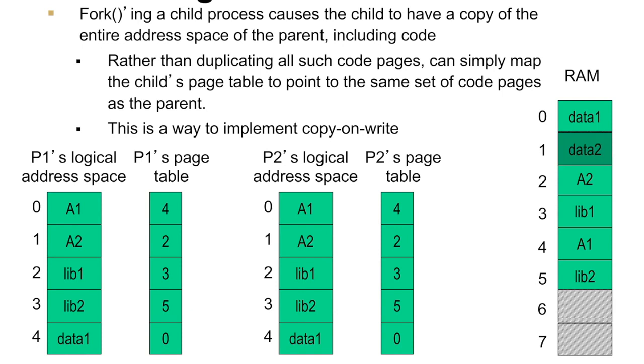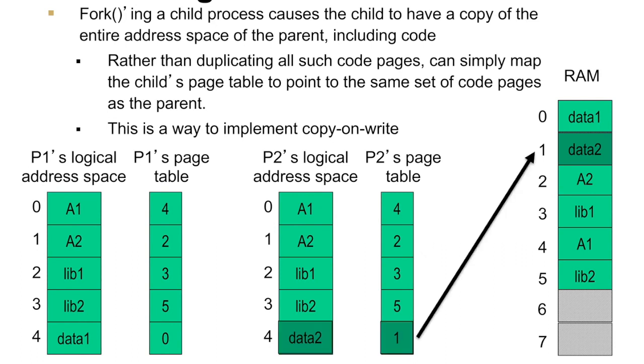So right now we have two different processes, both accessing the same data. But if I write in process 2, if I write to the page 4, then I'm actually changing the values in process 2, but not for process 1. So as soon as I do that, I need to go allocate another frame. So in this case, data 2.